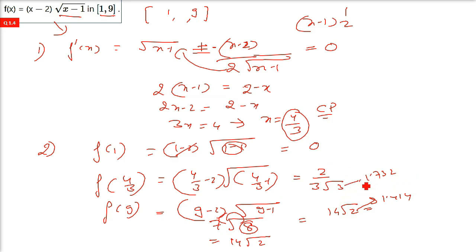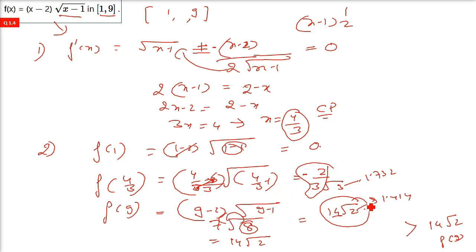But by the observation also, it's quite clear that we have the lowest number as 0 and the highest number as 14 root 2. So the highest number is 14 root 2, which came with f9, or putting 9 we got this number. Then we have this, oh, this is negative 4 minus 6 by 3, minus 2 by 3. Oh, there is a certain change which I am doing here, because this is going to be the first number.